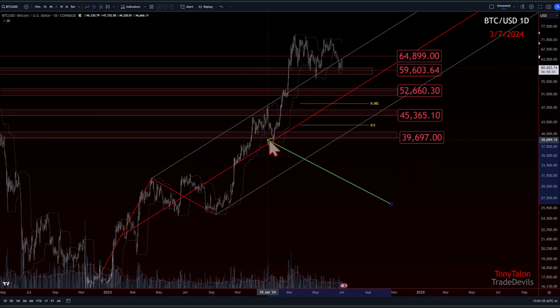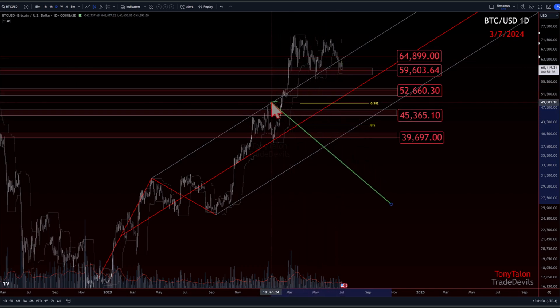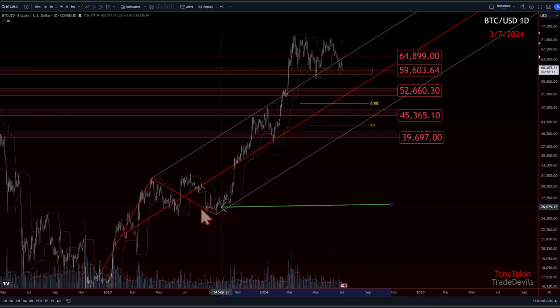So if you think this is the wave 4 of the lesser degree, we're dealing with the wave 4 of the larger degree, there's possibility that we're going to be coming between 50K and 40K and potentially find support on this structure here. Again, we have the fib support here as well.